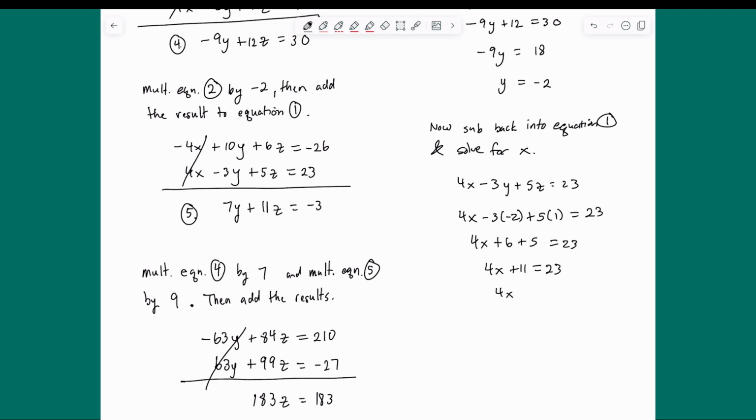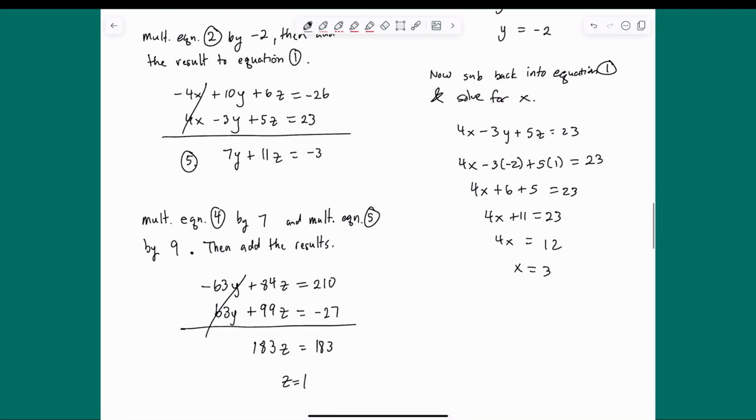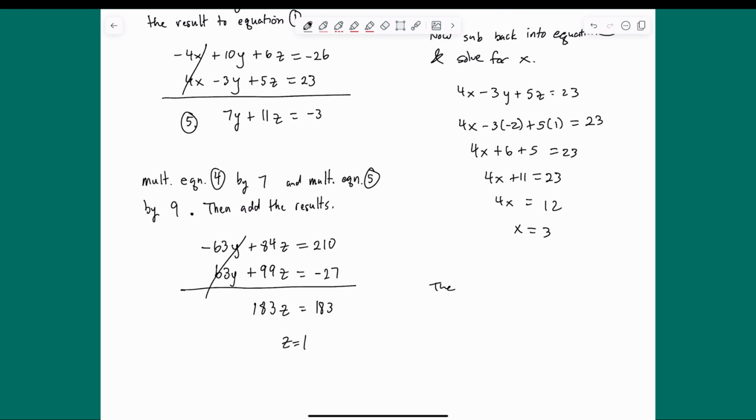And so subtract 11 on both sides there to get 12. Okay, and then divide both sides by 4 to get x equals 3. Okay, so we could see that the solution is the ordered pair 3, -2, 1.